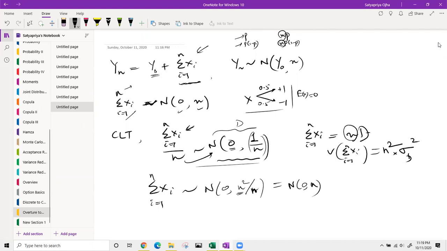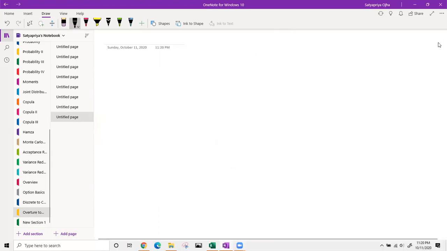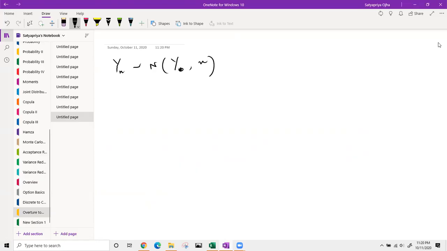So 0 and n. So either way, both are the same. So we derived the distribution of yn from the simple random walk. In case of simple random walk, yn is normally distributed with mean wherever it started from, and variance n.